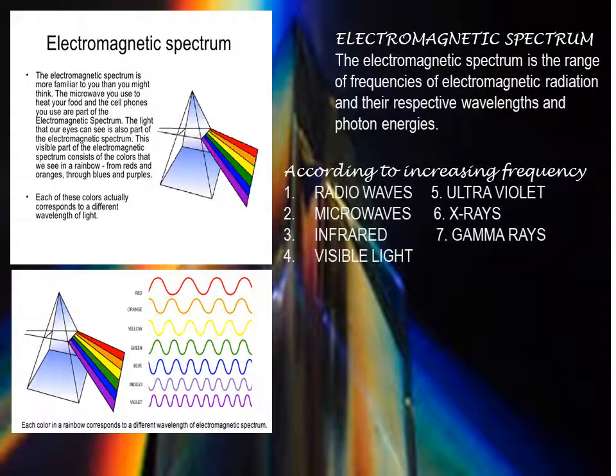Observe what you have noticed on the waves. Each color in a rainbow corresponds to a different wavelength of the electromagnetic spectrum. According to increasing frequencies, we have radio waves, microwaves, followed by infrared, visible light, ultraviolet, X-rays, and gamma rays.